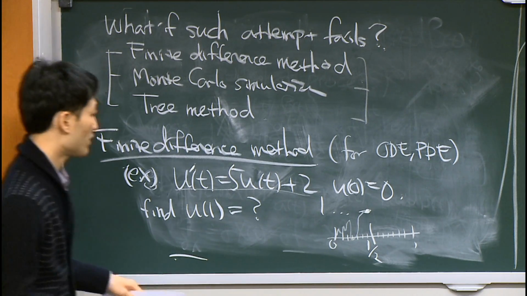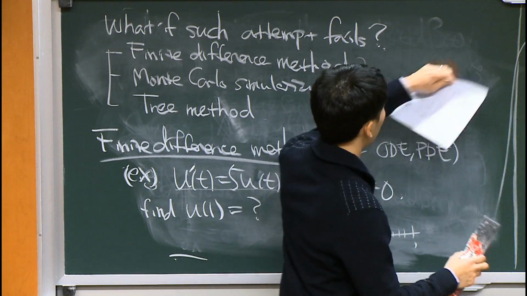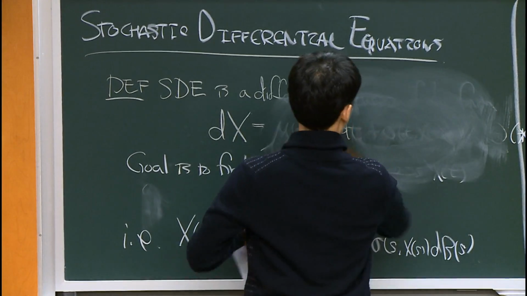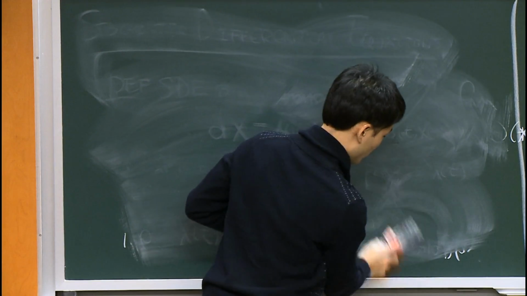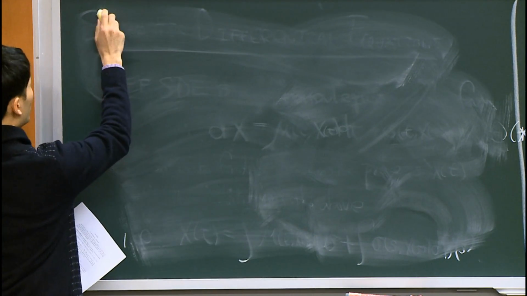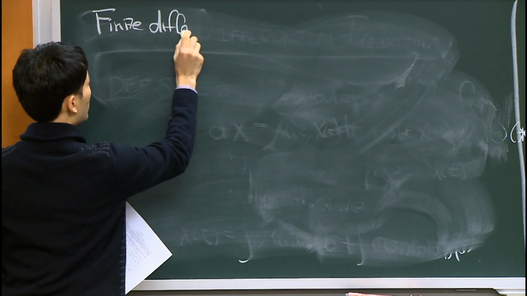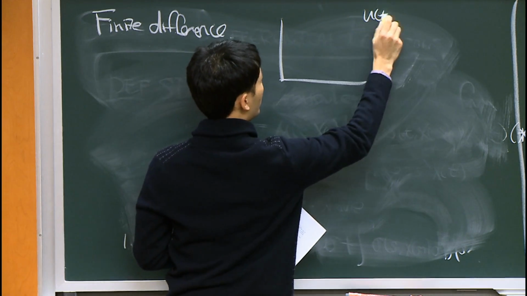And you can do the exact same thing for two variables, let's say. And what we showed was, for one variable, finite difference method, we want to find the value of u, function u of t.